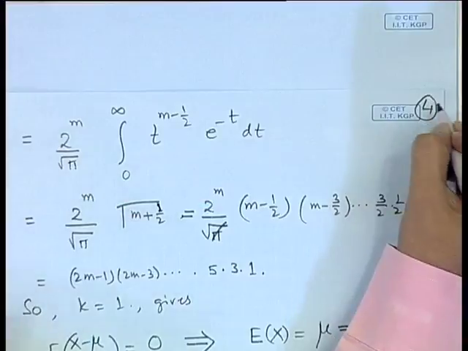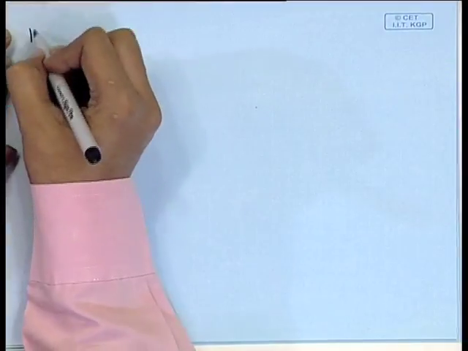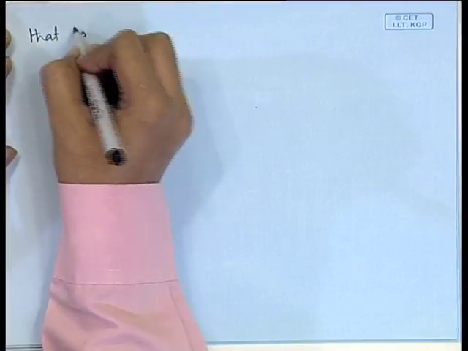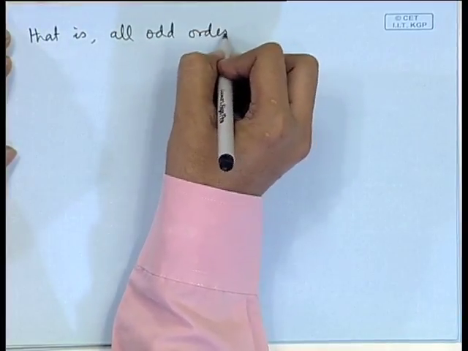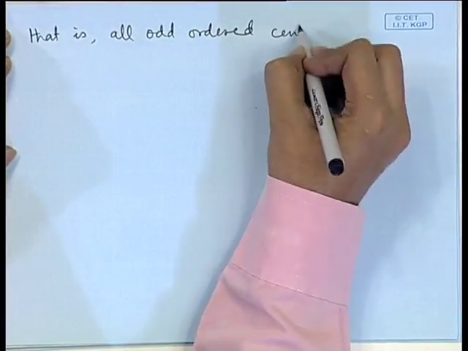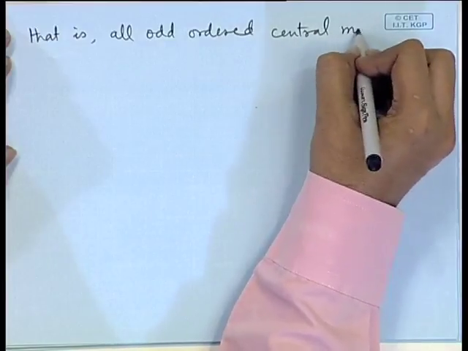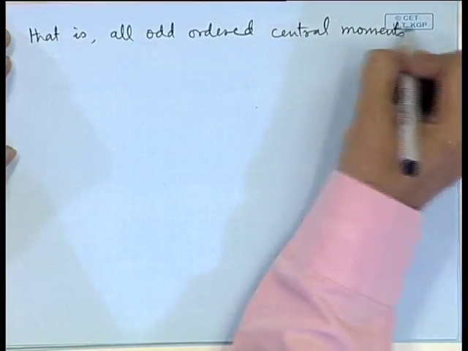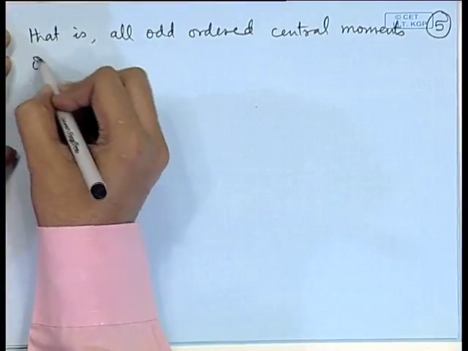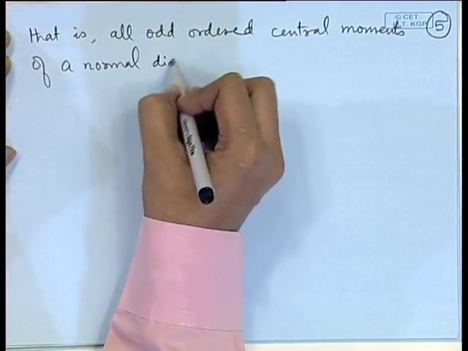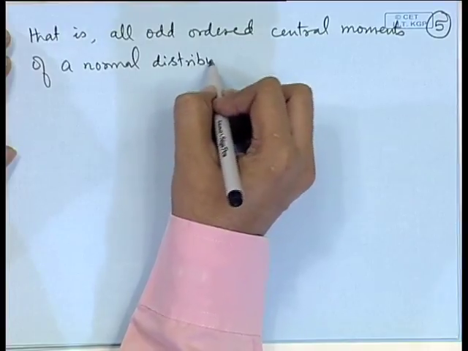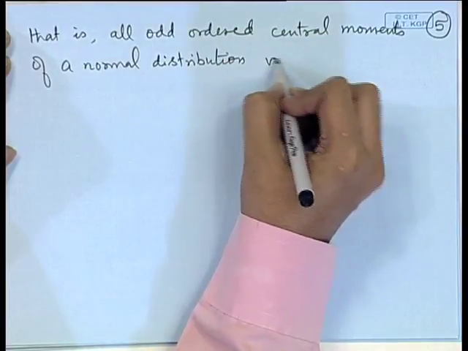That is, we can write that all odd ordered central moments of a normal distribution vanish.